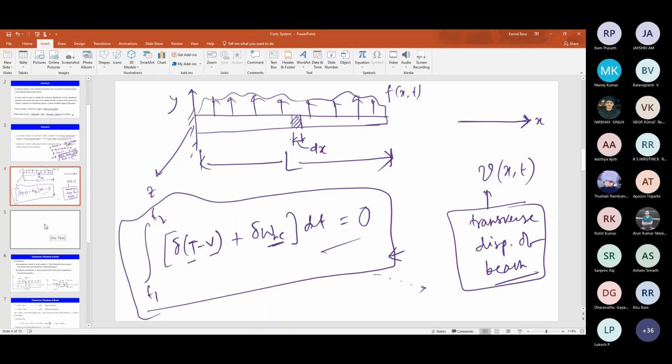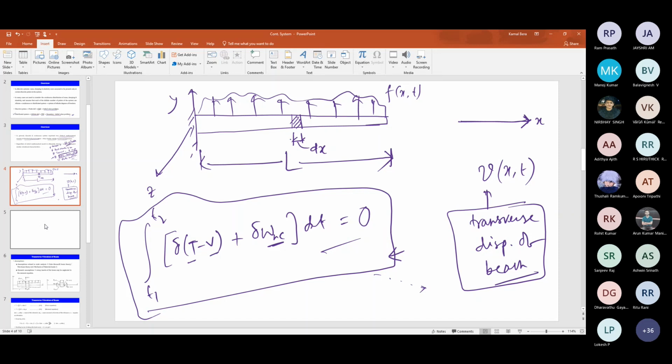Another assumption, related to dynamics, is that we are ignoring the rotatory inertia. The inertia effect which is only due to the transverse displacement is considered, and we are ignoring the rotatory inertia. I'll talk about that. We ignore rotatory inertia because we assume the change of slope is very small.